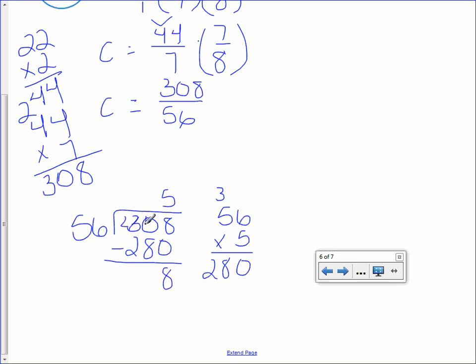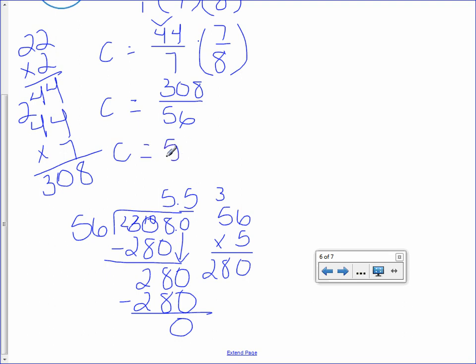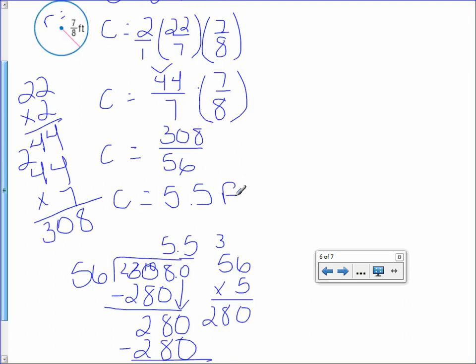Do some borrowing. 10 minus 8 is 2. 2 minus 2 is 0. But let's add a decimal point and bring down a 0. Conveniently, we have 280. So again, it's 5. So our circumference is 5.5, and in this case, feet.